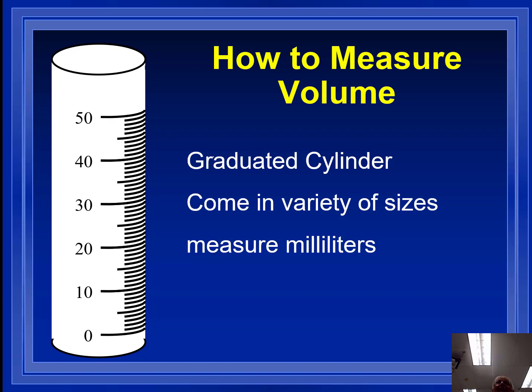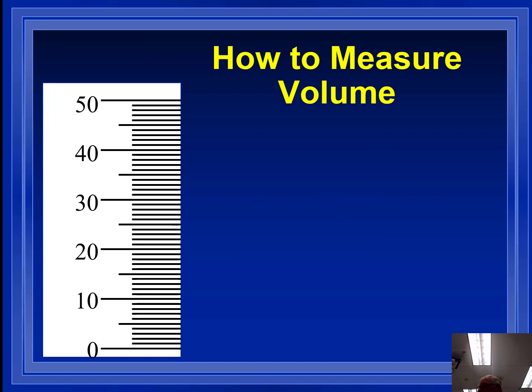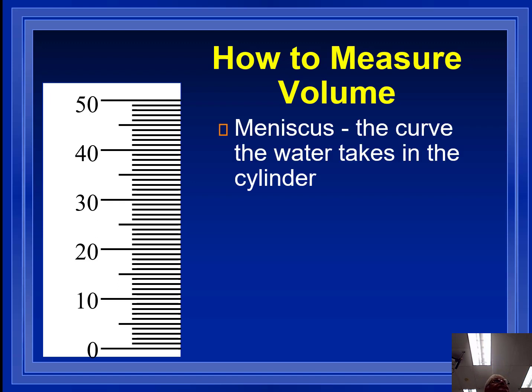So you're going to have to read the graduated cylinders, and there's a technique to that too. First of all, when you put water in the graduated cylinder, it's not going to be flat across the bottom. It always curves on the edges, right? That curve is called a meniscus. The curve that the water takes, because later on we'll learn it's because it's attracted to the glass.